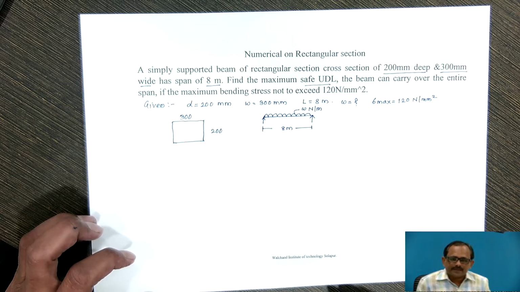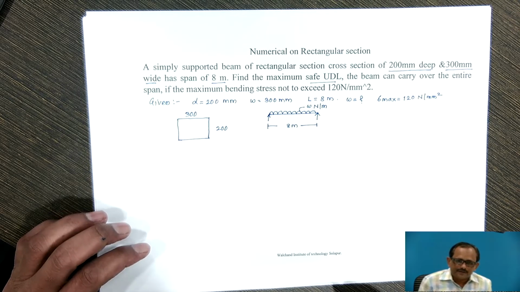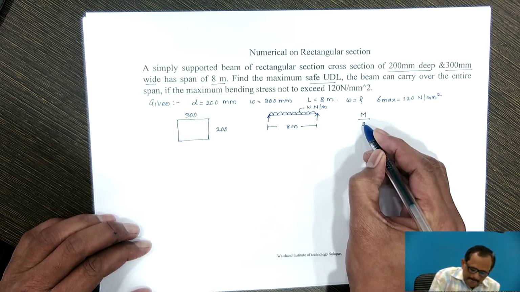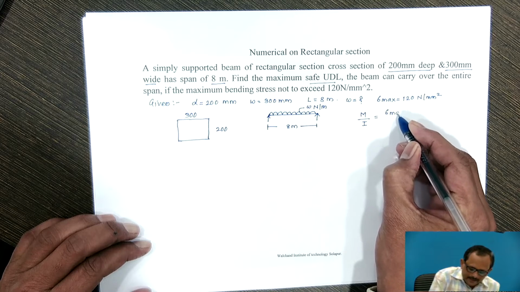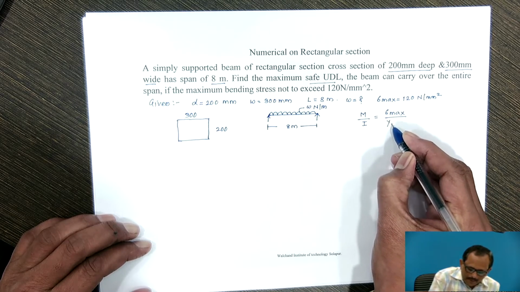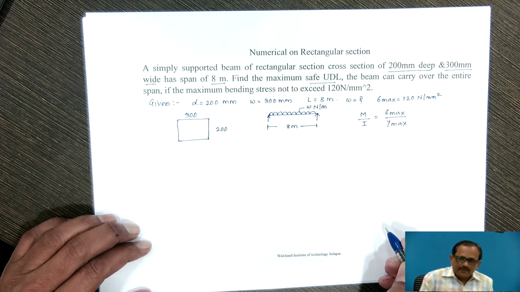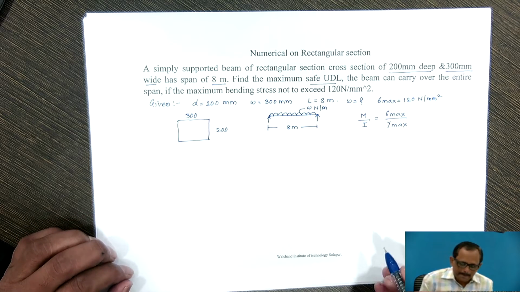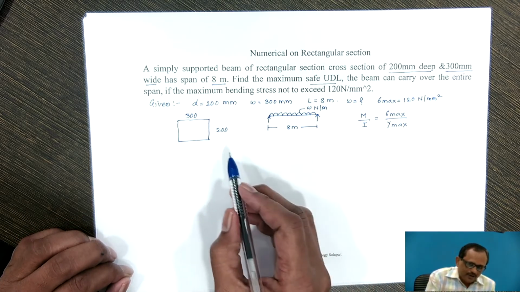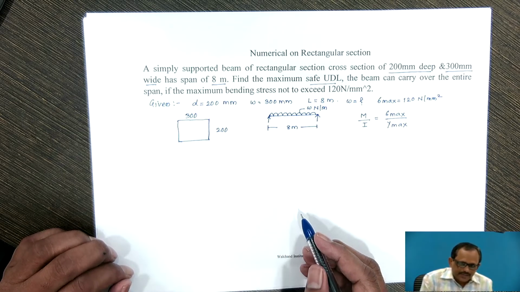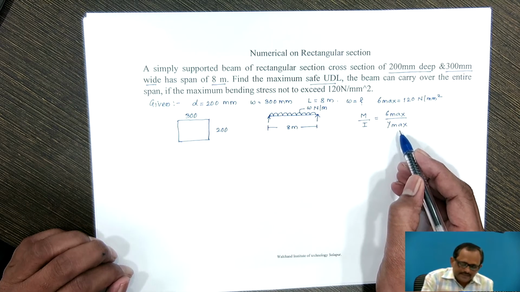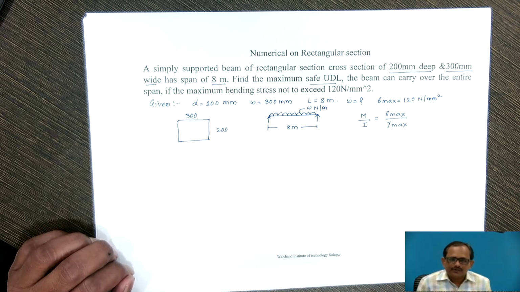We can determine the intensity of the load by using the bending equation M by I is equal to sigma max divided by Y max, where M is the maximum bending moment to which the beam is subjected, I is the moment of inertia of this rectangle section about the neutral axis, sigma max is the bending stress, and Y max is the distance of the topmost or bottommost layer from the neutral axis.